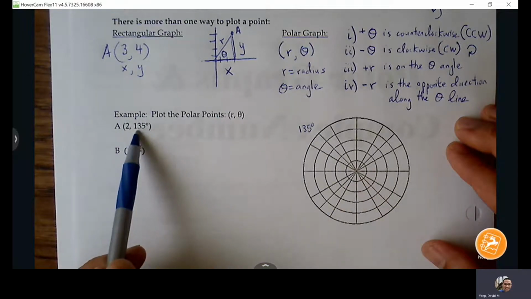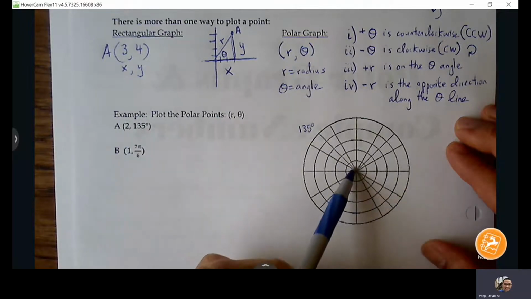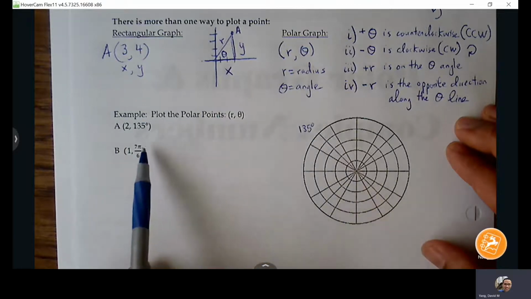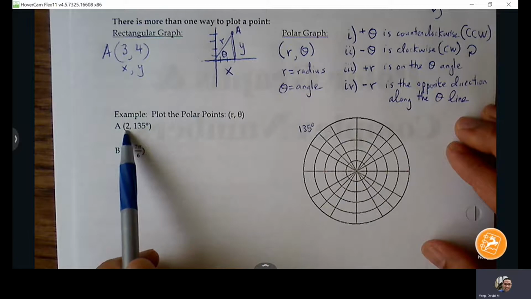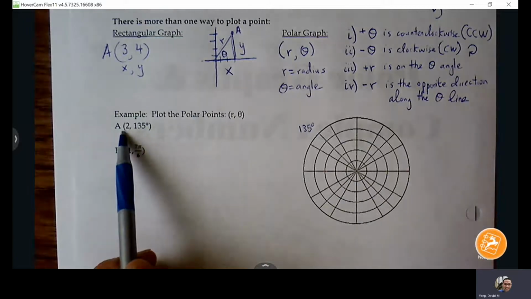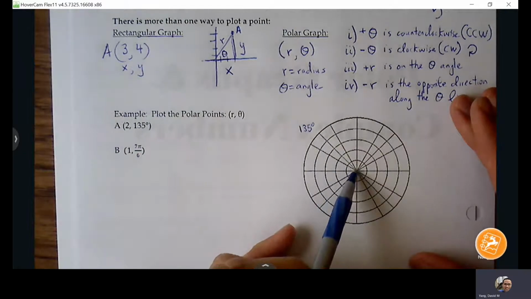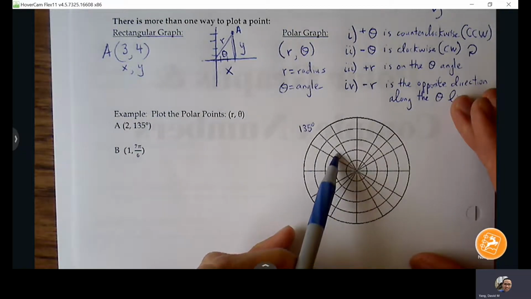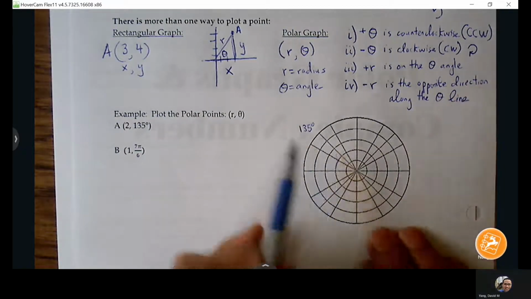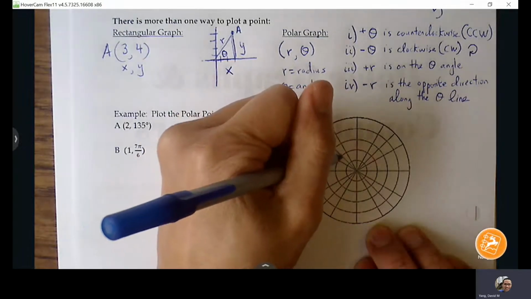So we know where our angle is. This is the 135 degree line, and now that 2 tells us how far we're going to walk out. We're going to walk 2 units out from the origin. So 1 unit, 2 units. So there we have point A here.